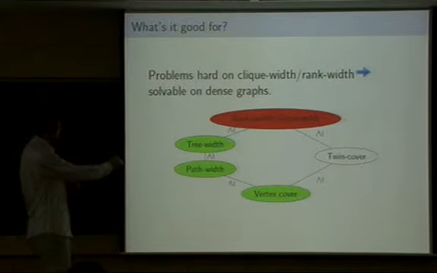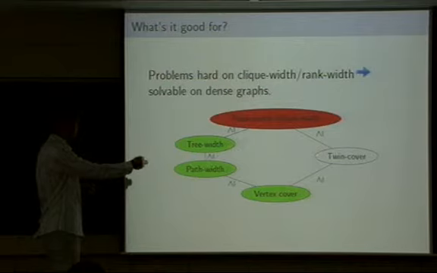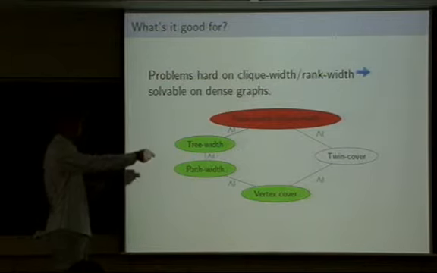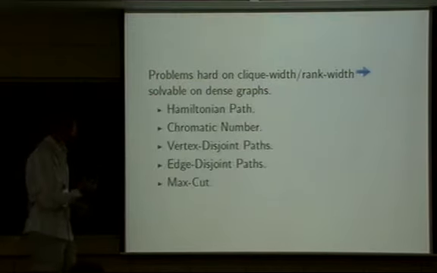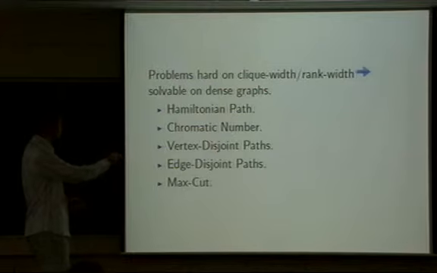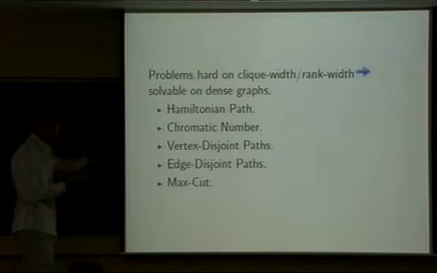Even if you could solve it on tree width, these two are incomparable, so we couldn't solve it on really dense graphs, and now we can, thanks to dense graphs having bounded twin cover. These are Hamiltonian path, chromatic number, these five problems, but others as well.